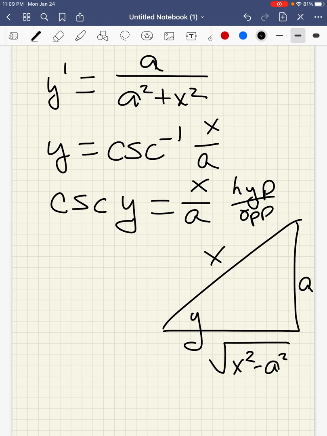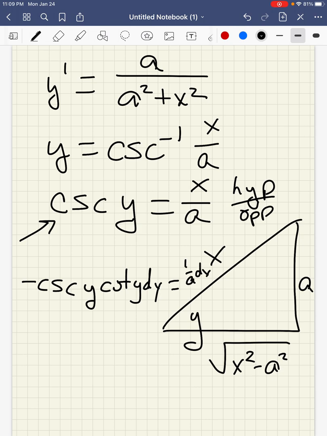All right, so we'll take the differential of this equation. If you remember, differential of cosecant is minus cosecant y cotan of y dy, and that'll be equal to just the 1 over a dx.